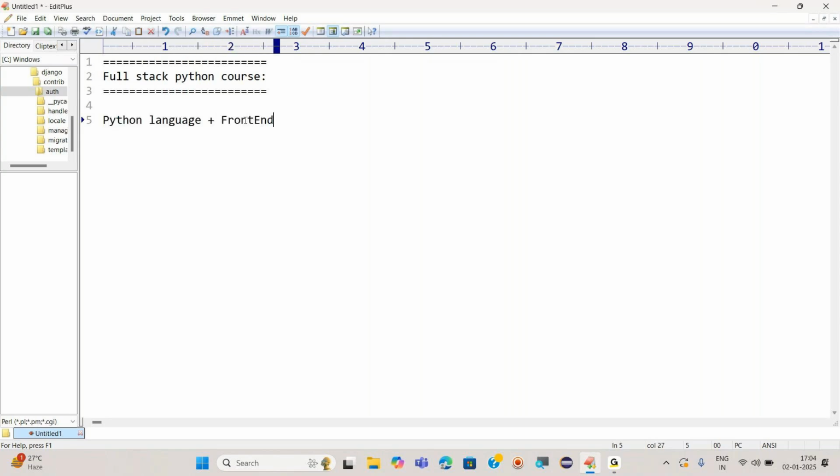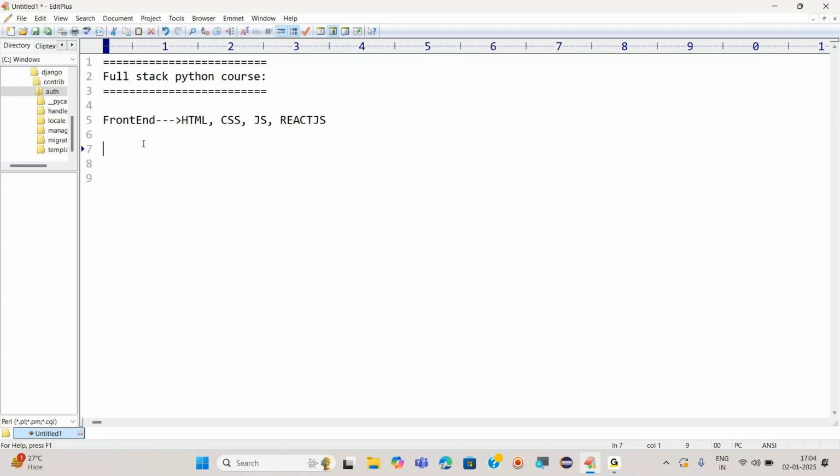In front end, we are going to see HTML, CSS, JavaScript, along with React JS, and React JS is the framework.